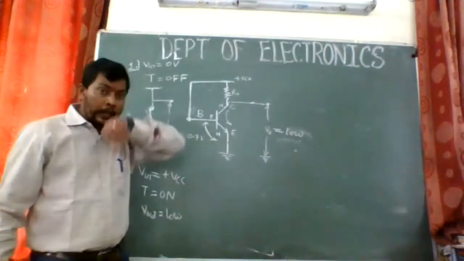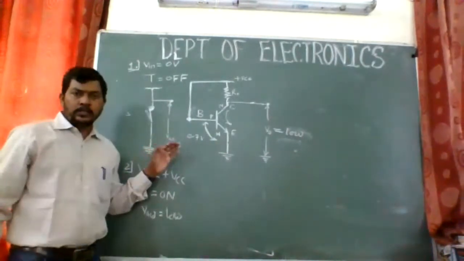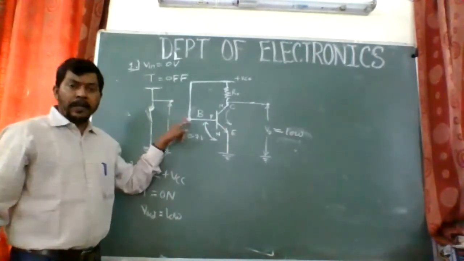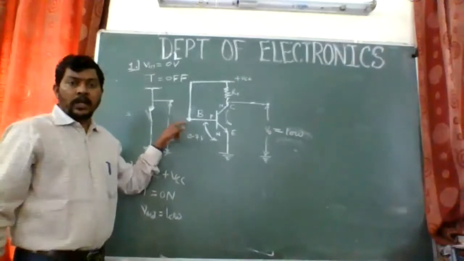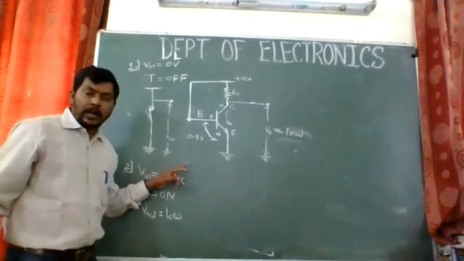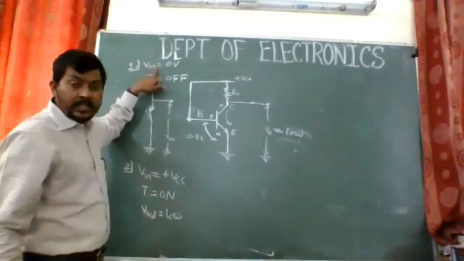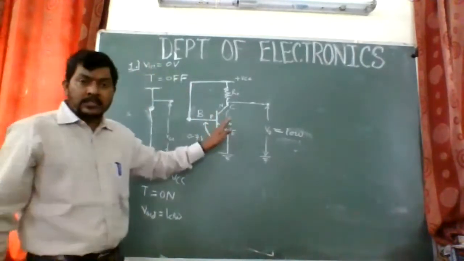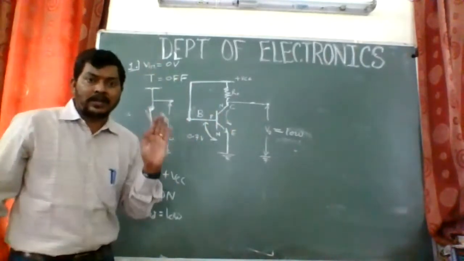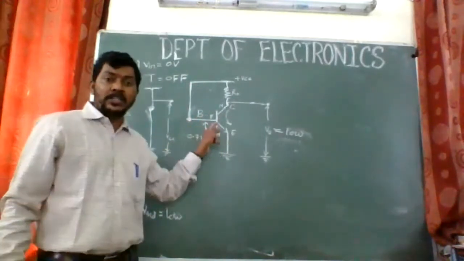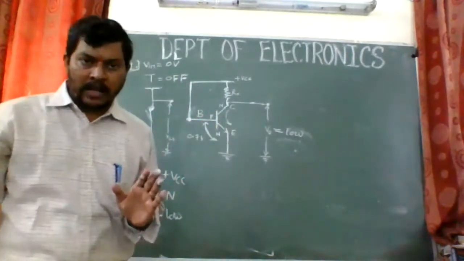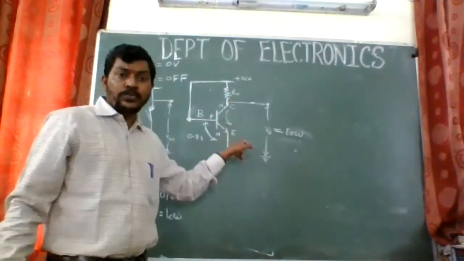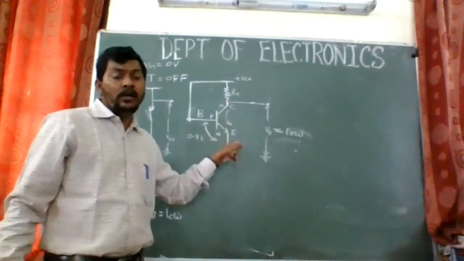After connecting this, if the base of the transistor is connected to ground potential, or if it is given 0 volt, then the transistor does not conduct. Since this PN junction is not forward biased, the diode does not conduct and current does not flow through the transistor.